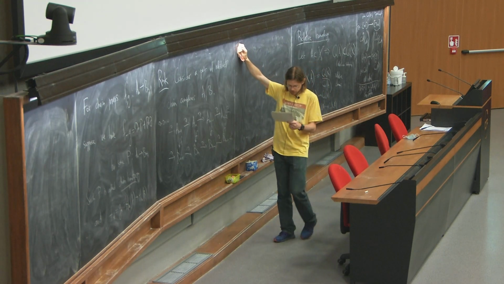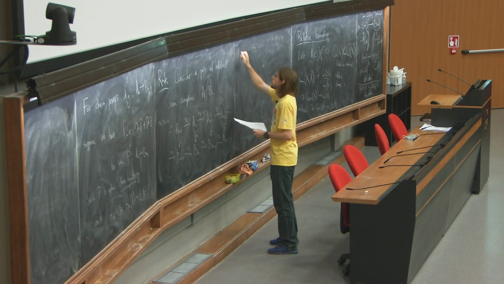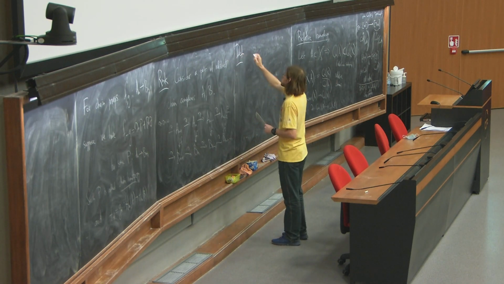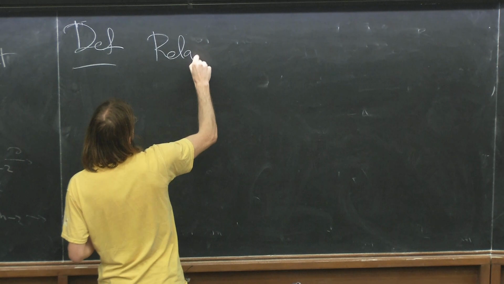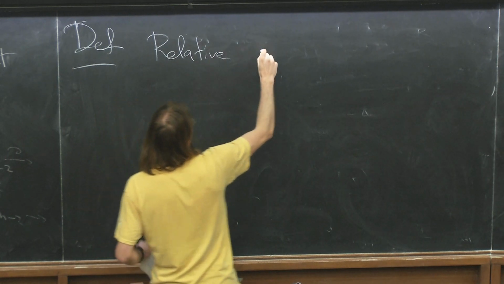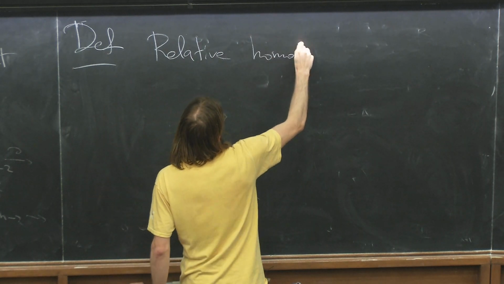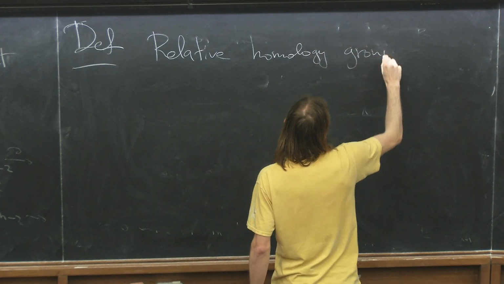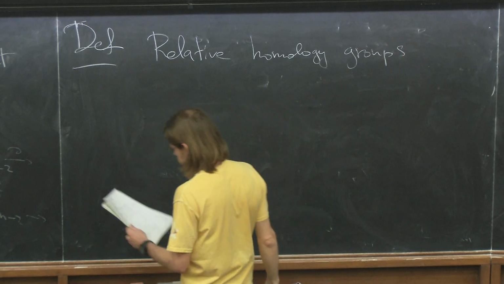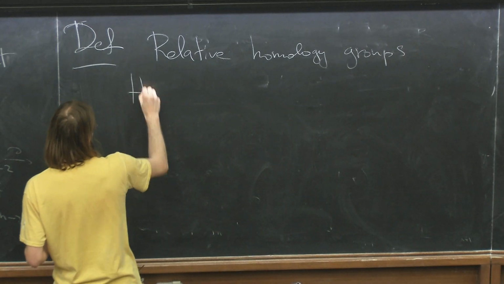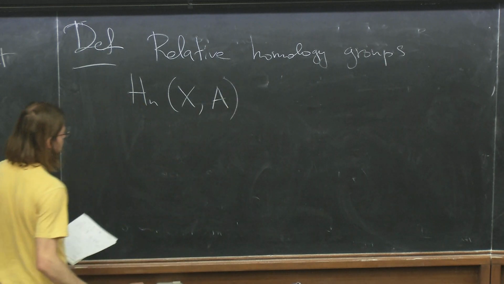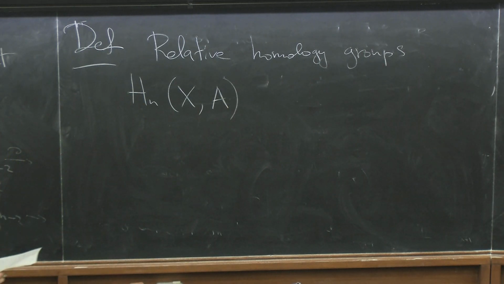This is what we do here: the relative homology groups, defined for a pair of a topological space X and a subspace A in it.